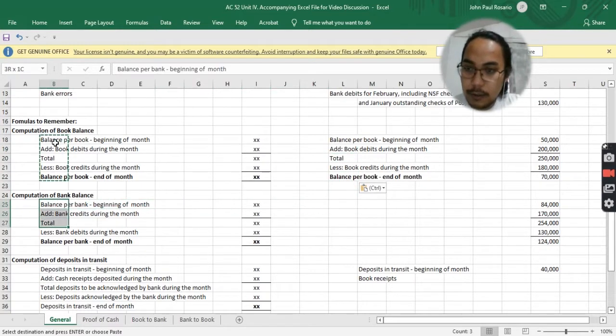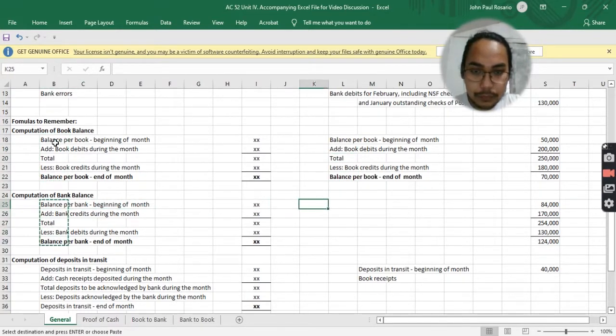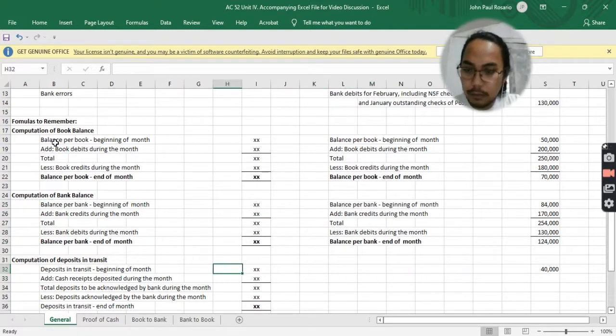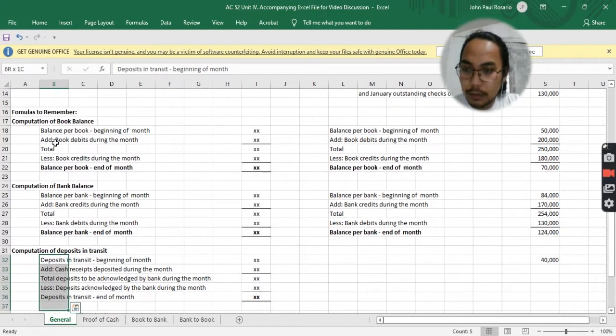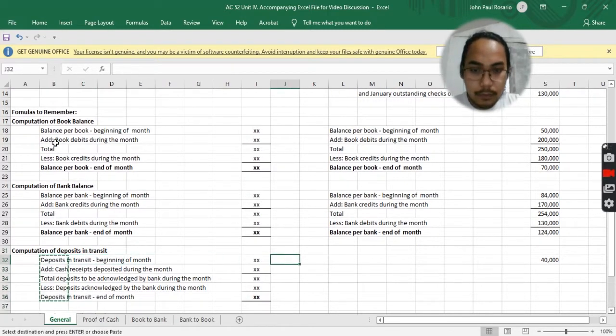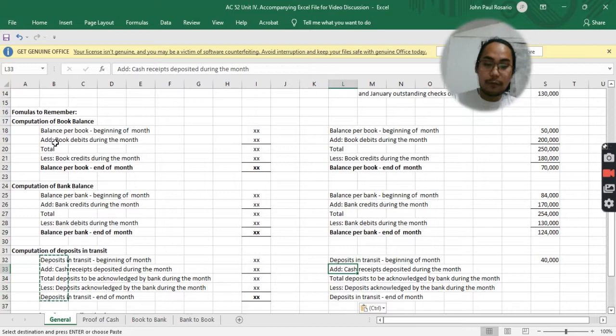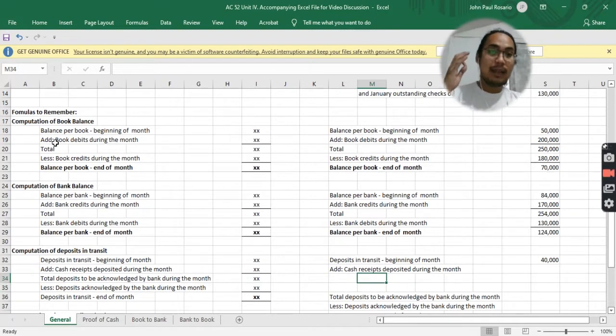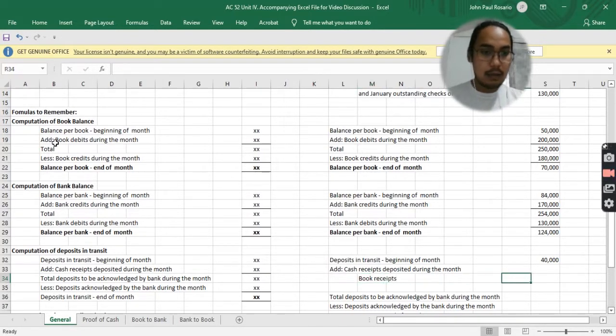Same with this one. Okay. And also this one. Okay. Now, for your cash receipts, you can determine how much cash receipts was deposited during the month by deducting from your book receipts, amounting to how much was that? 200,000.